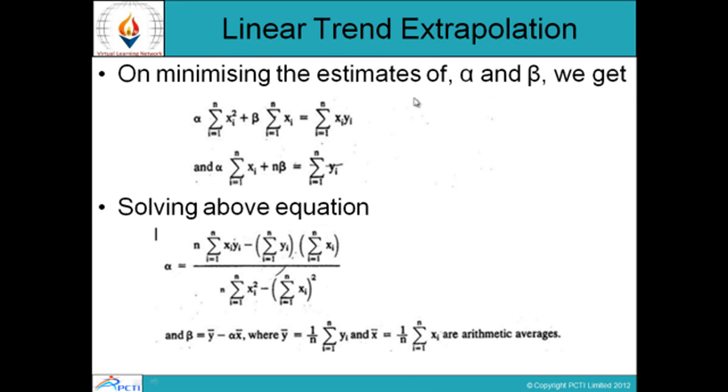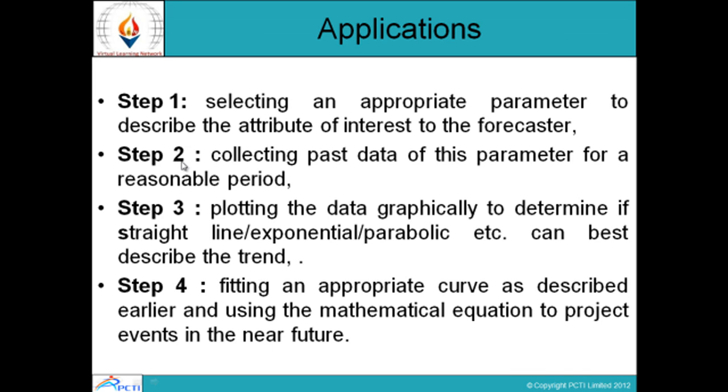On minimizing it to estimate alpha and beta, we get the solution. Solving the above equation, this was the equation for alpha, and beta we can calculate using the arithmetic average. Now how are we going to apply this?